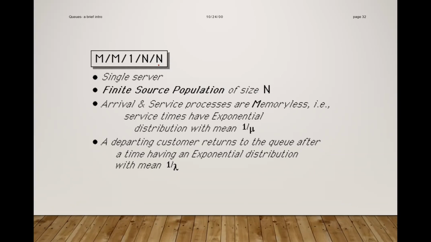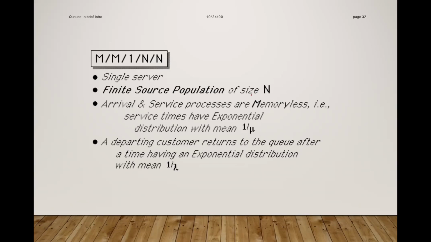Kasi meron kasing cases na kahit na finite yung population, after mo ma-serve, pwede ka pa rin bumalik sa queuing system. Mayroon kasi mga ganyan. Okay? Pero ito is, let us try to model kung talagang mas useful na i-model natin ang population natin as finite.